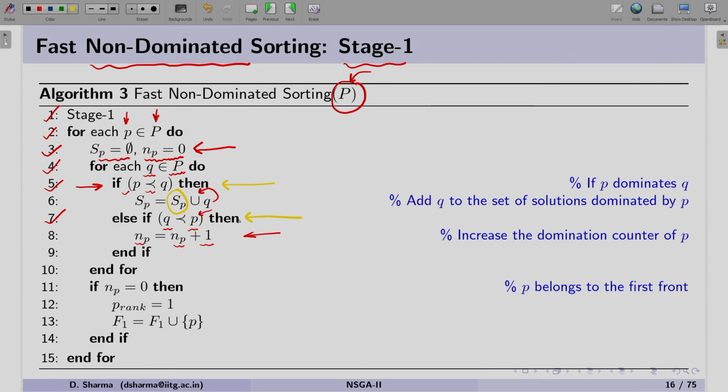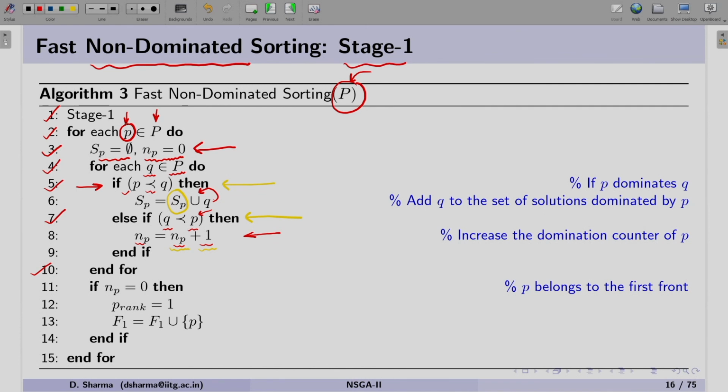In step 7, the solution Q is dominating P. In this case, the NP, which corresponds to the member P, is increased by 1. Now up to step 10, we have compared all the solutions in the population with the small p which is given in step number 2.